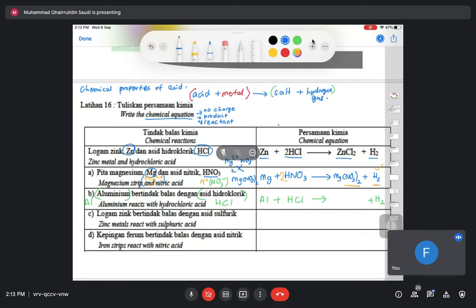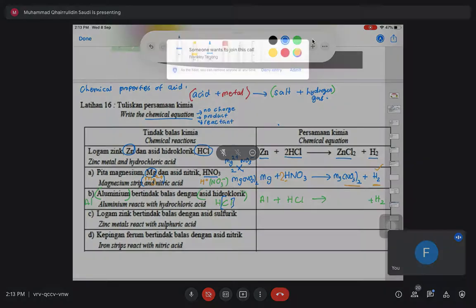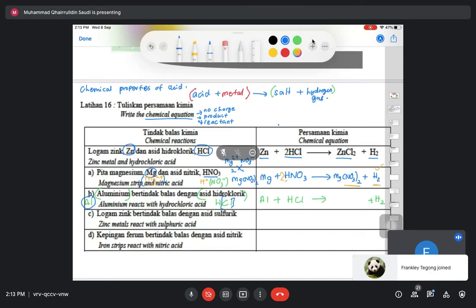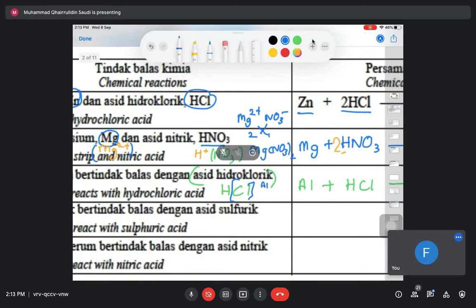So macam tadi, the partner of the hydrogen ion will now partner up with the aluminium ion. Aluminium ion is Al3+, chloride is minus. So cross multiplication, you will get AlCl3.